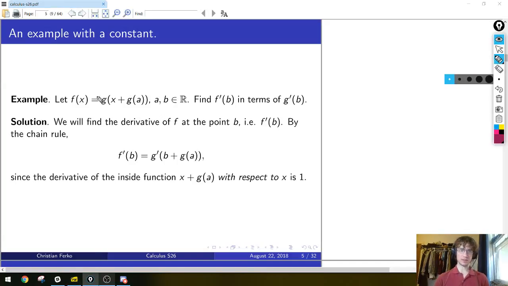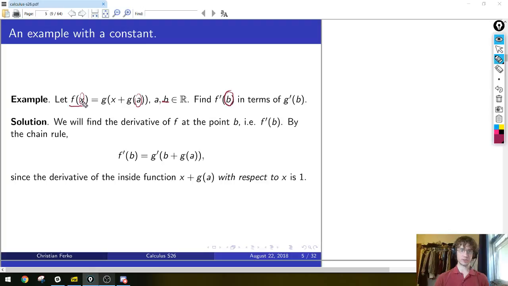So here's an example. To be totally explicit, we're going to have a function f, the dummy variable is x. There is now a constant a, so a is some fixed real number, which I've said here, a is in the reals. And then we're also going to fix a second real number b, which is the point at which we're going to evaluate the derivative.